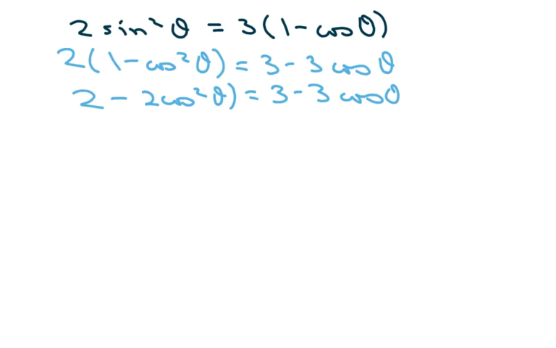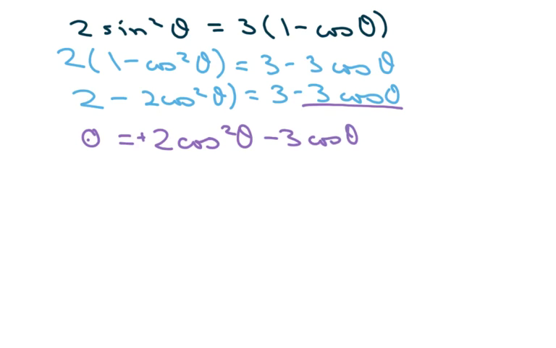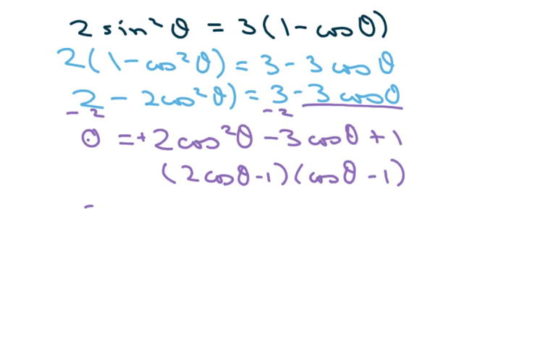So this will be 0 equals positive 2 cosine squared of theta. I do it to the right because I want this to be positive. Now I have this minus, this is already on the right. I'm going to subtract the 2 from both sides, so I get plus 1. And then when you factor this, you're going to get 2 cosine of theta minus 1 times cosine of theta minus 1 equals 0.